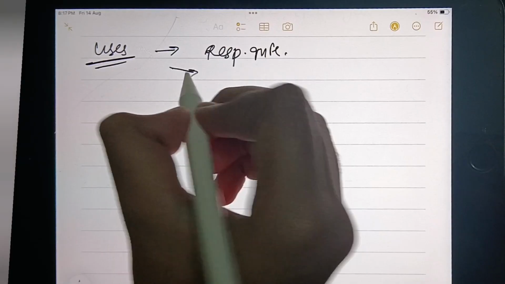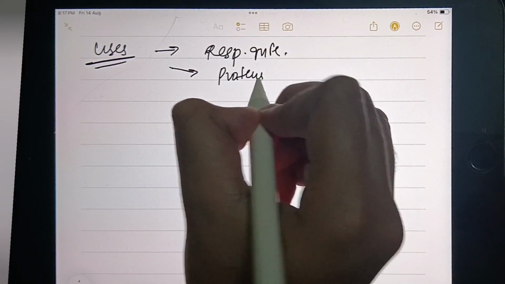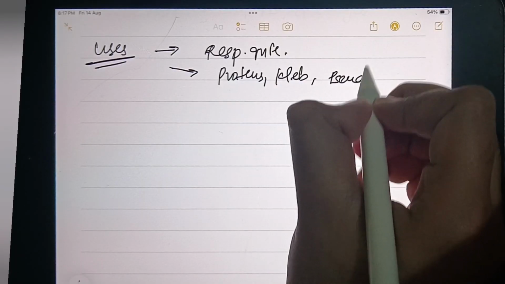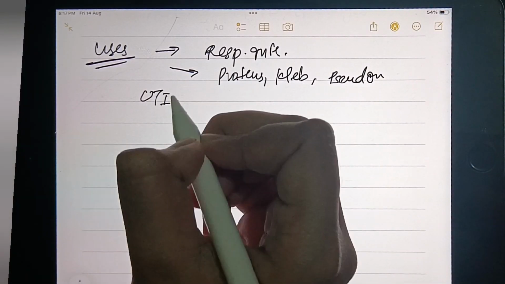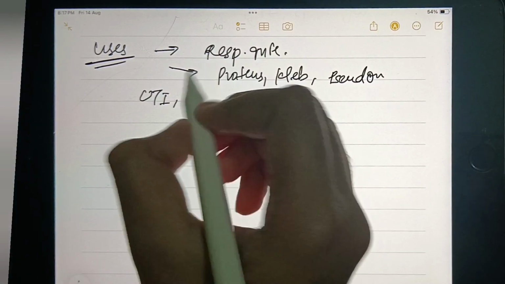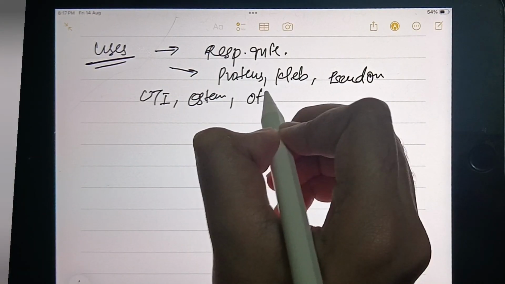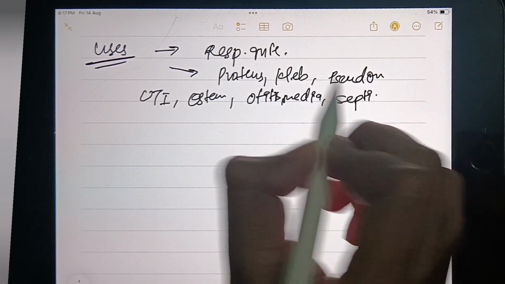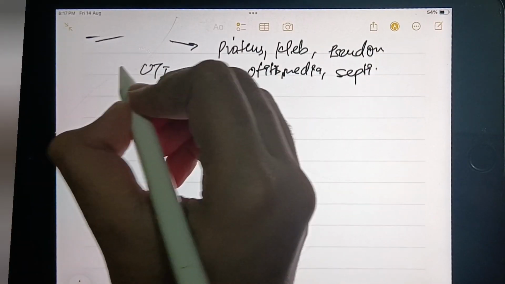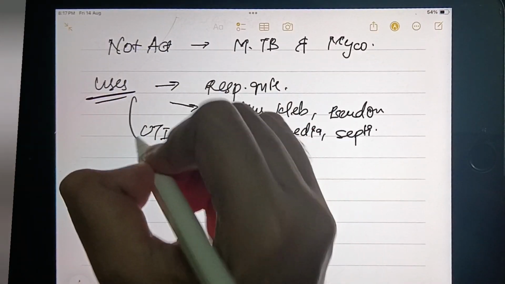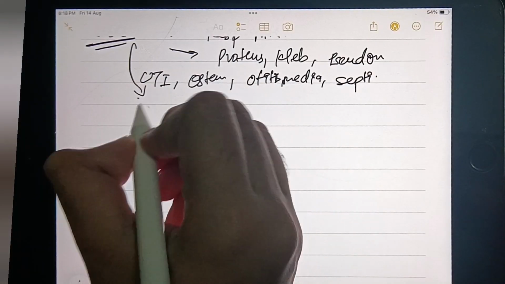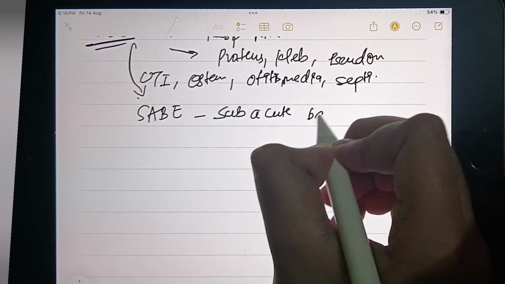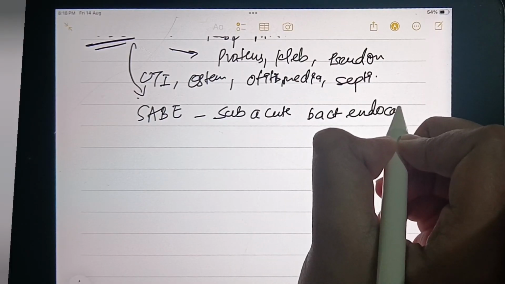and in infections due to Proteus, Klebsiella and Pseudomonas, like UTI or osteomyelitis or otitis media, septicemia, and it is also used for subacute bacterial endocarditis.